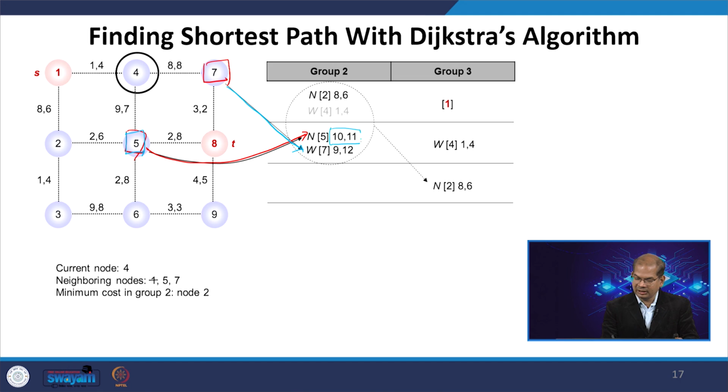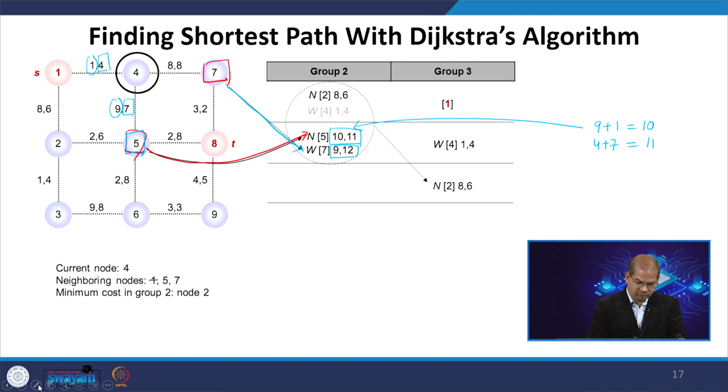How is it 10, 11? If you can see here, 1 plus 9, 9 plus 1 is 10, then you have 4 plus 7, 4 plus 7 is 11. Similarly, this 9, 12 is found out for node 7.